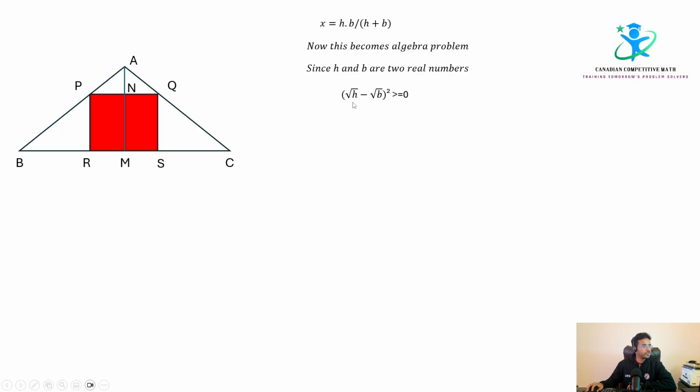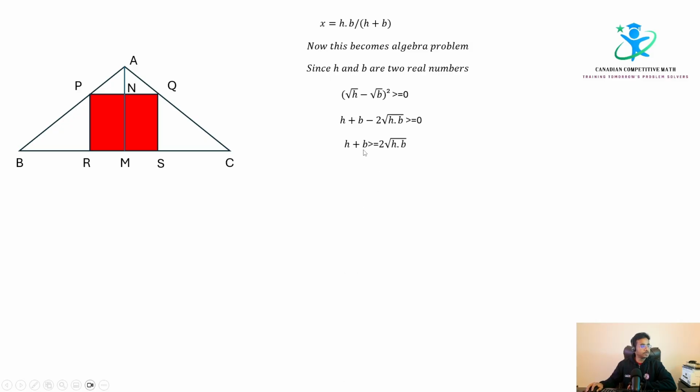square root of H minus square root of B whole square is always greater than or equal to 0, because the square of any number is always greater than or equal to 0. From this, we can write H plus B minus 2 square root of HB is always greater than or equal to 0.